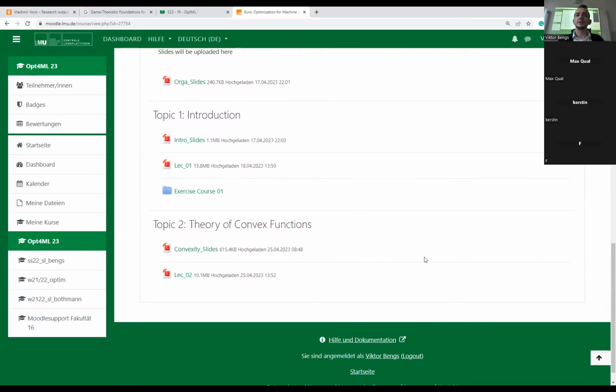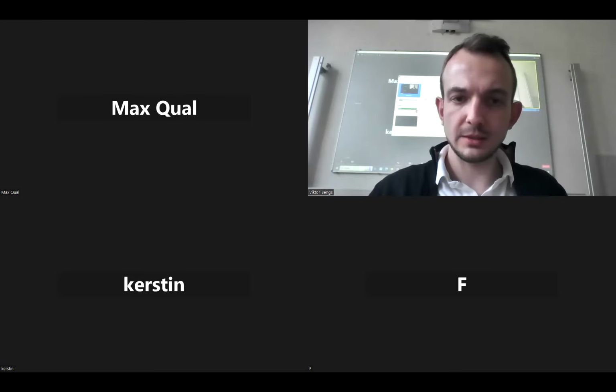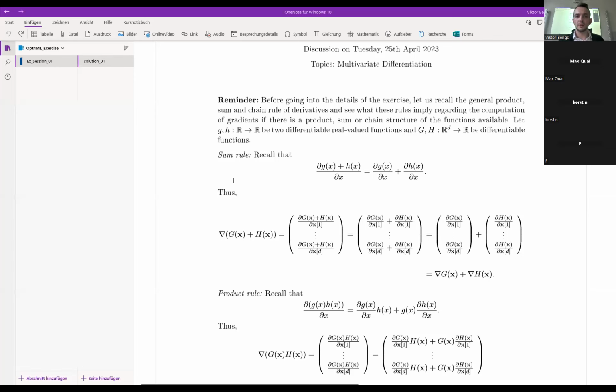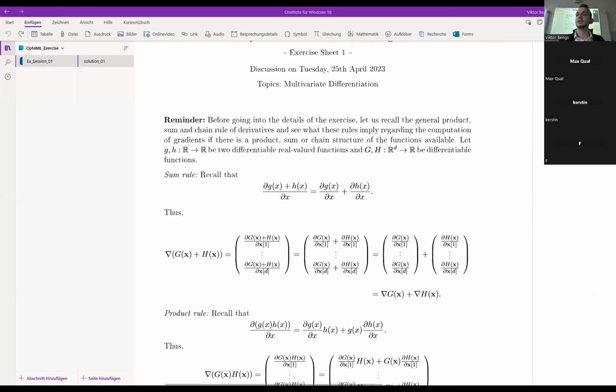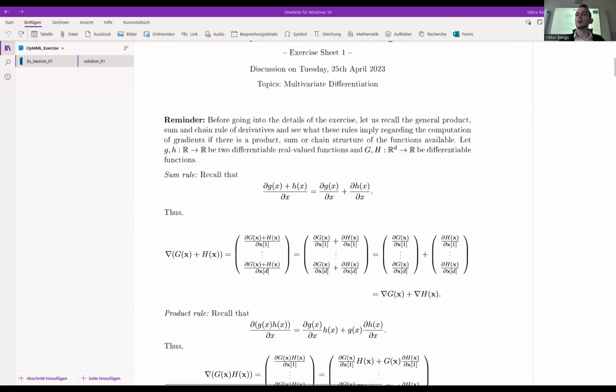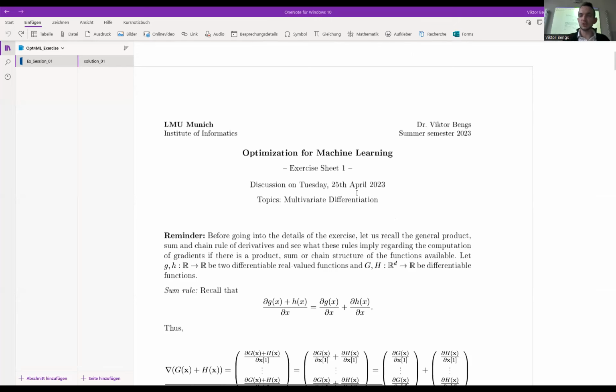All right, good. Then let's switch to OneNote and have a look at our first exercise sheet. Well, we did not do that much in the first lecture, but at the end we started to revisit multivariate differentiation.